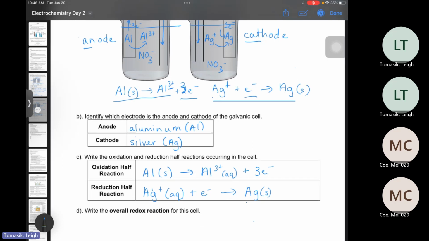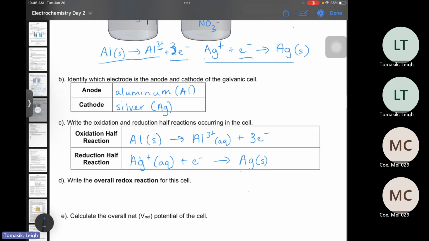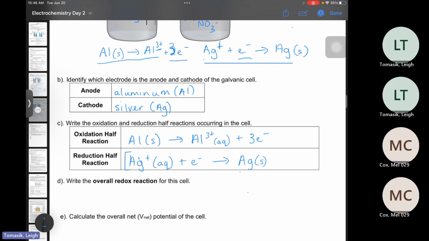So when we write the overall redox reaction for this cell, you'll notice that no longer do the electrons line up, but that's okay. All we have to do is multiply the reduction half reaction by 3. So we would end up getting 3 silver ions plus 3 electrons makes 3 silver atoms. Now our electrons will cancel.